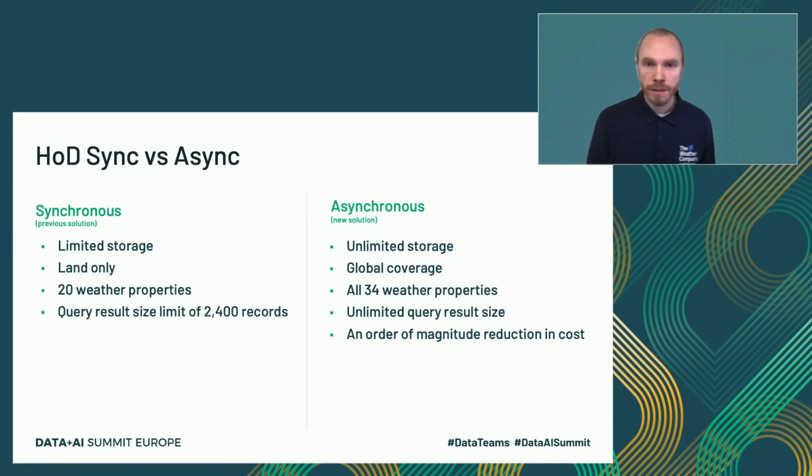A few more comparisons. Again, we have now unlimited storage capacity, global weather coverage instead of land only, all 34 weather properties, unlimited query result size, and all of that with an order of magnitude reduction in cost.